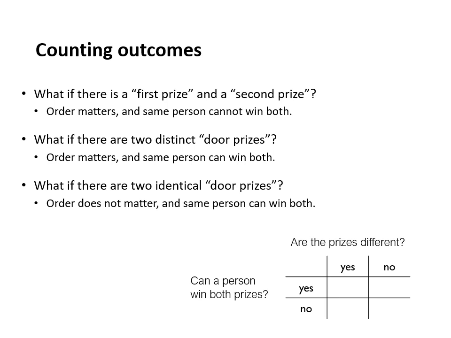Here we enumerated 3 other possibilities. So the first one is that the order matters, meaning that there is a first prize that is distinct from the second prize, but the same person cannot win both. Then we have 2 distinct door prizes, so that means that the order matters and same person can win both.